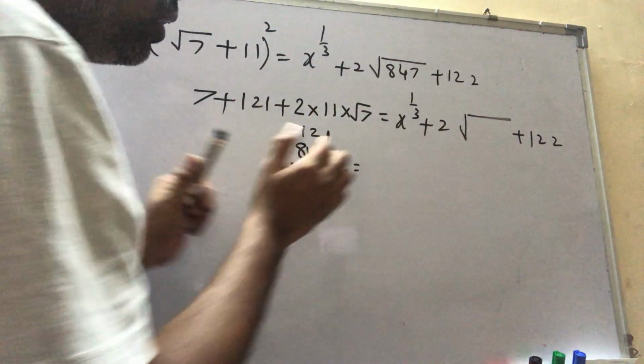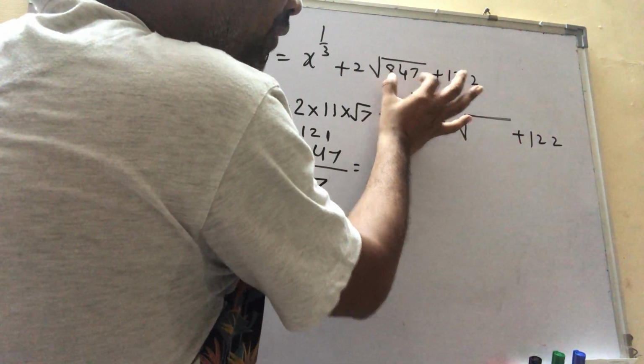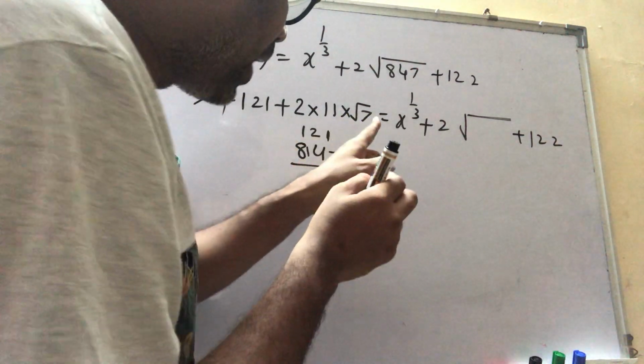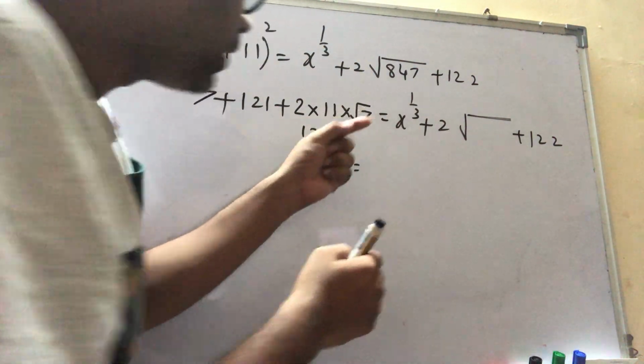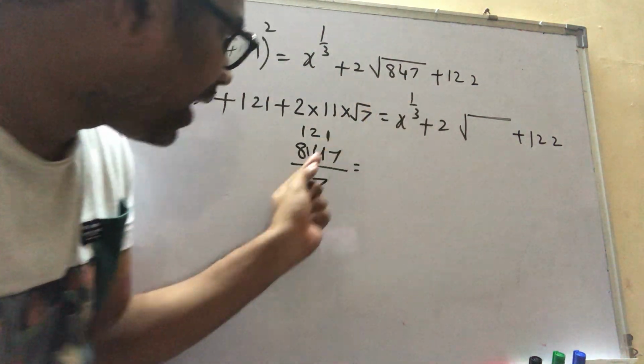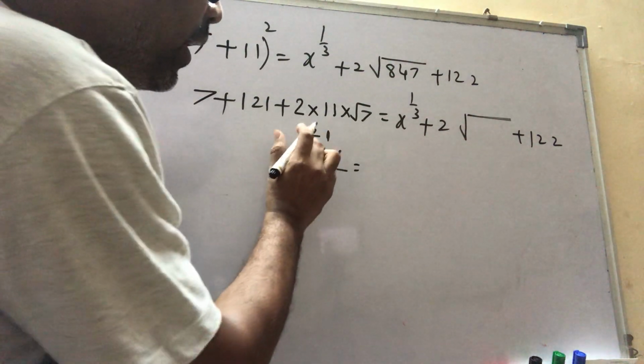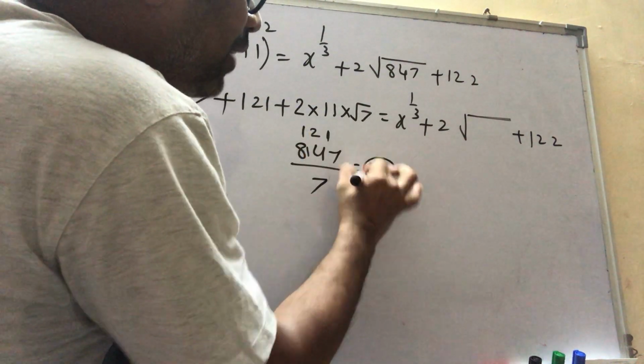So whenever you get such a question, while dividing this 847, look at the other side, which number is inside the root. So there is 7 inside the root, so divide this 847 by the same number. So when you divide 847 by 7, you will get 121 as the answer.